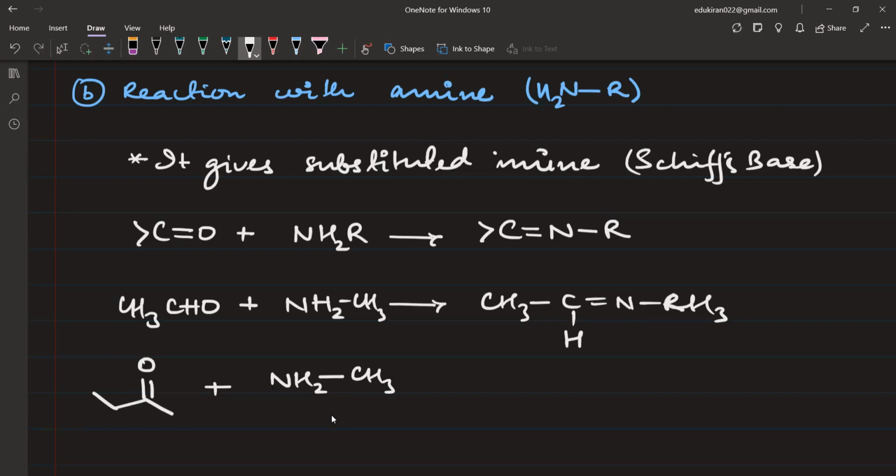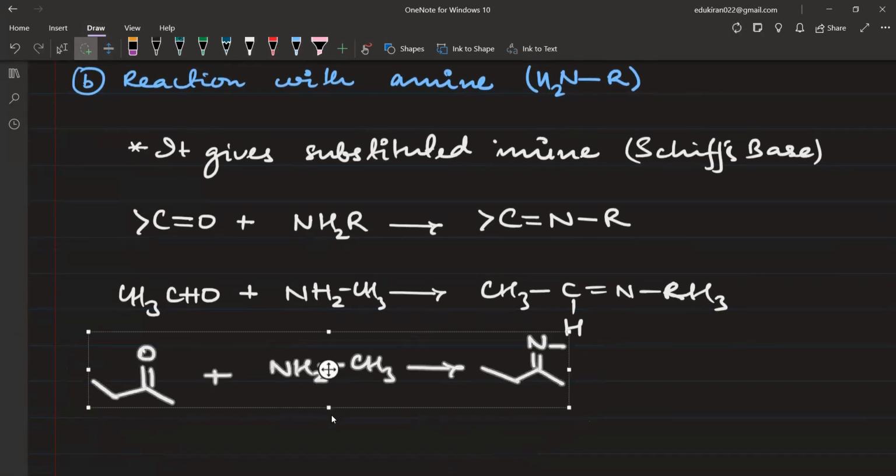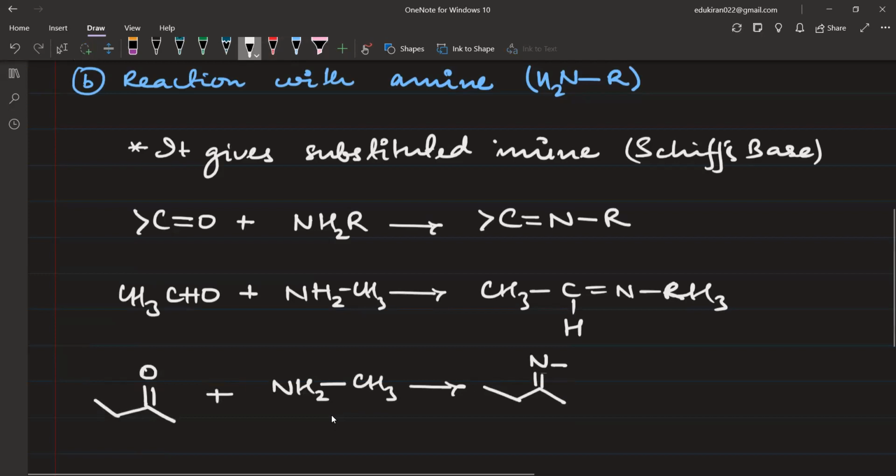You also write CH3. So you'll get 2 carbon atoms double bond N, and here you will get CH3. Plus H2O will be there. In all of these ammonia derivatives, you will have H2O.